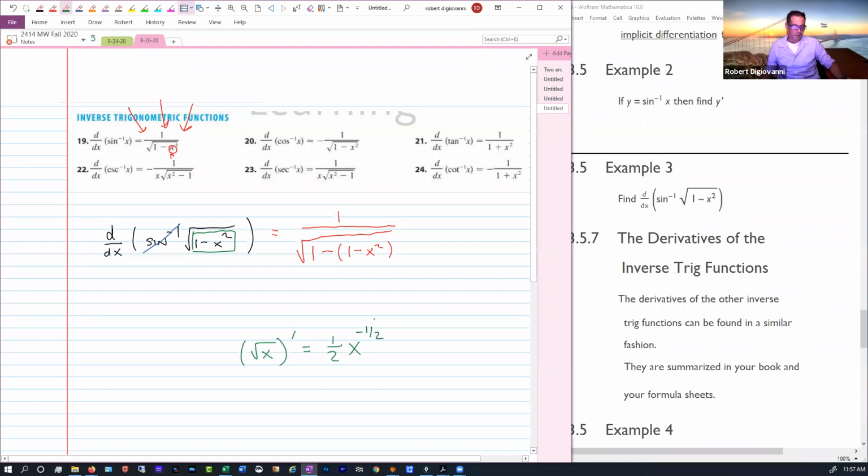Now, a lot of you learn it that way because you're taught that square root of x is really x to the half. And then you use the power rule, right? The half comes out, you subtract 1. In my Cal 1 classes, I do show that, but I have them memorize it a different way. I always tell them the derivative of the square root of x is 1 over 2 square root of x. It's the same answer. It's just written with the square root and it's dropped down.